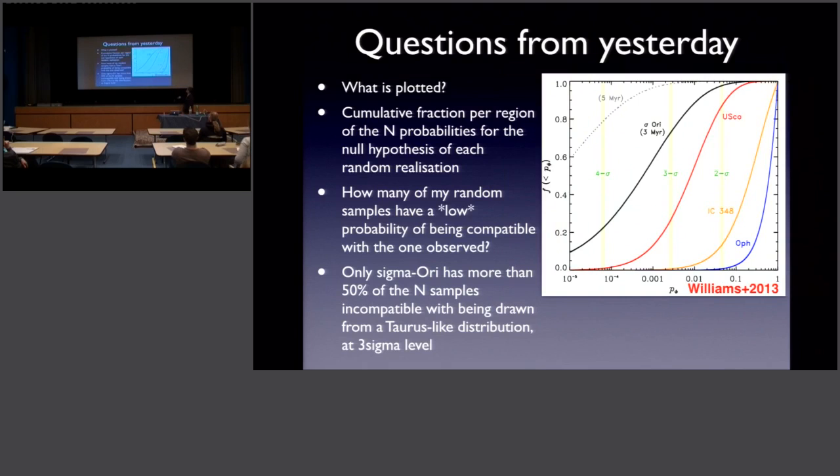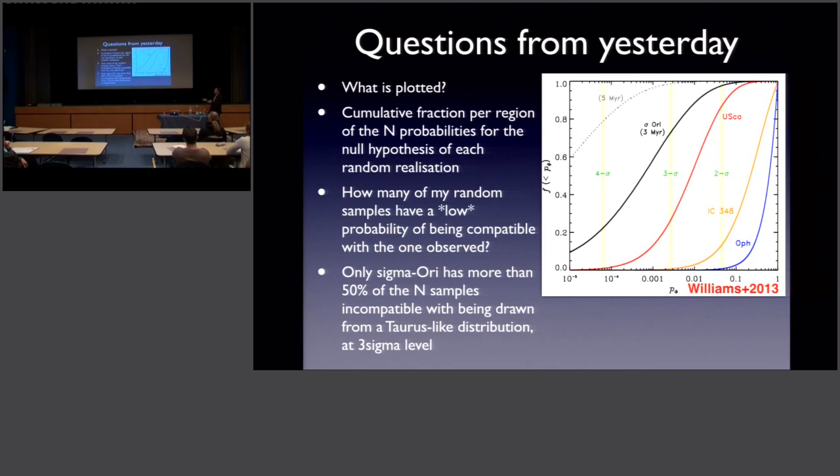And then what you do here, you plot a cumulative function of these probabilities, essentially, okay? So this is the cumulative function of all the probabilities that you have computed. And basically, if the majority of your random samples are compatible with your observed sample in that star-forming region, it means that that star-forming region is similar to Taurus.